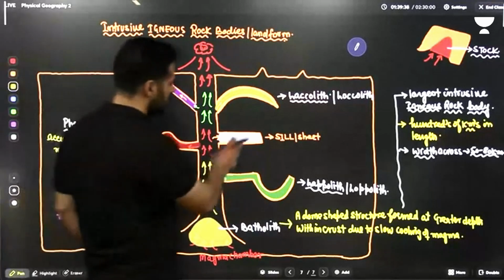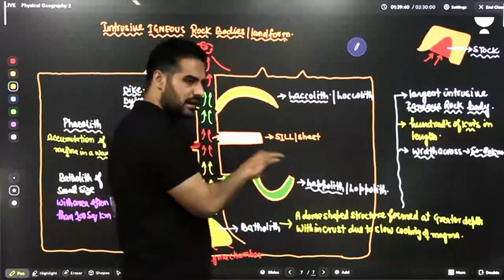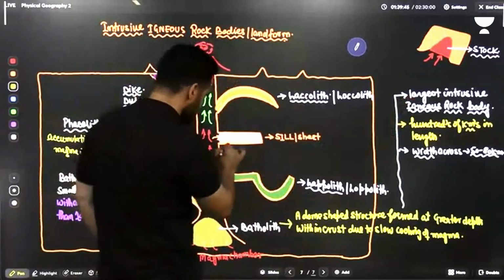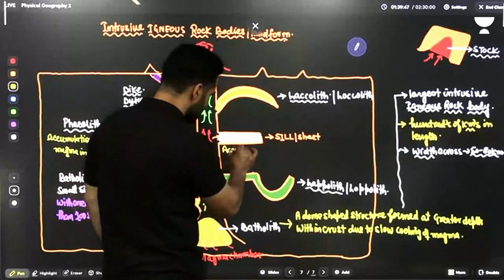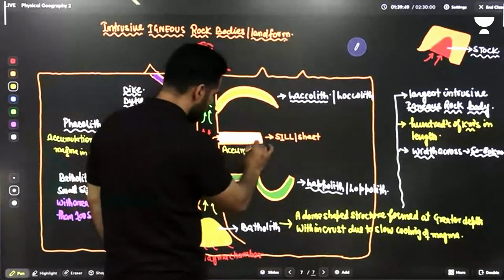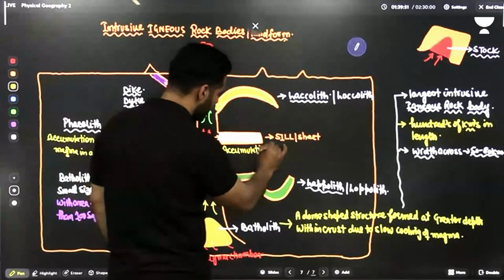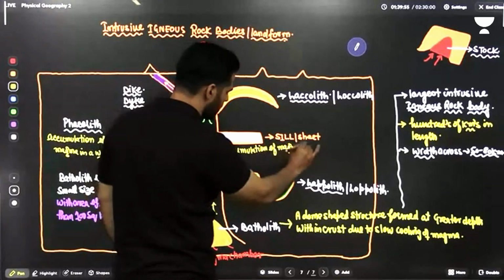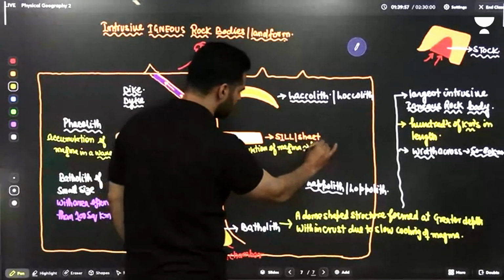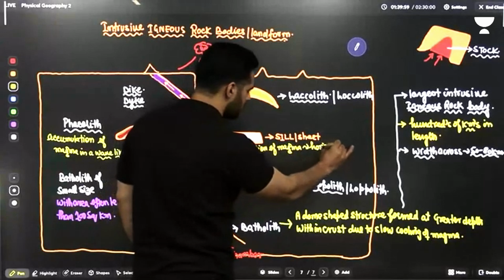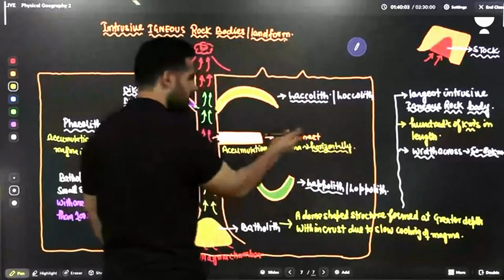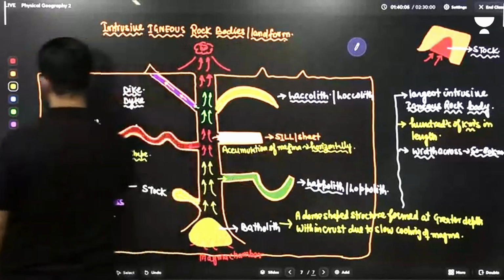Okay. Sill or sheet. Have you seen big ice sheets? They are horizontal. So it is accumulation of magma or solidification of magma. Accumulation of magma horizontally. You will remember then what is the difference between sill and a sheet?